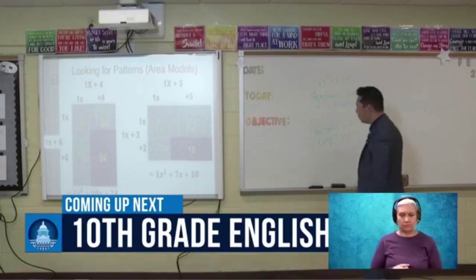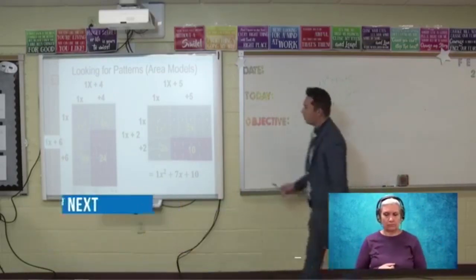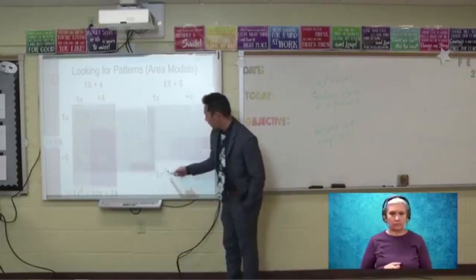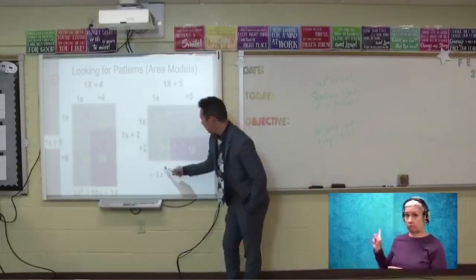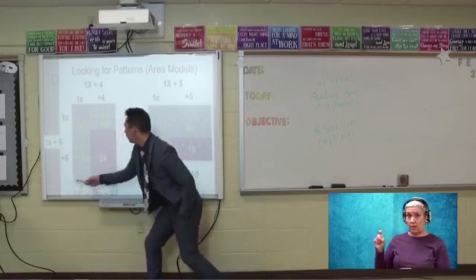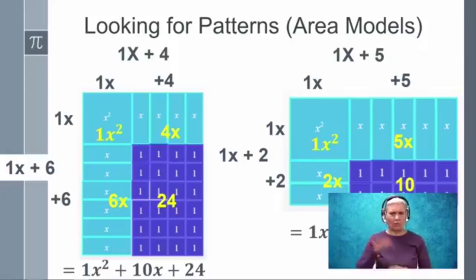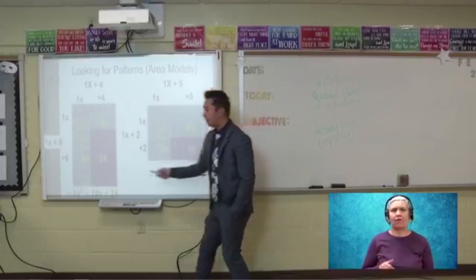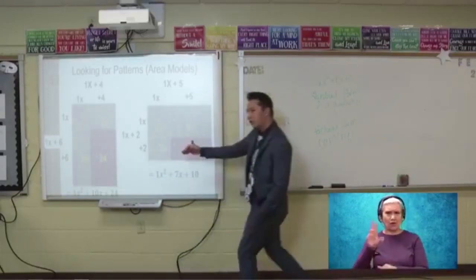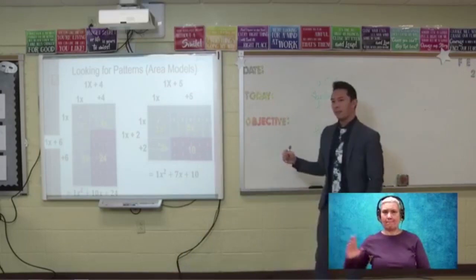And so the things that I want you focusing your attention towards is that if I look here, this 1x squared and that 1x squared, think about the location on each of these rectangles. See how they're constantly in that upper left-hand corner. Think about where this 10 is and where that 24 is. These values without an x, these constants, are always in your bottom right-hand corner.